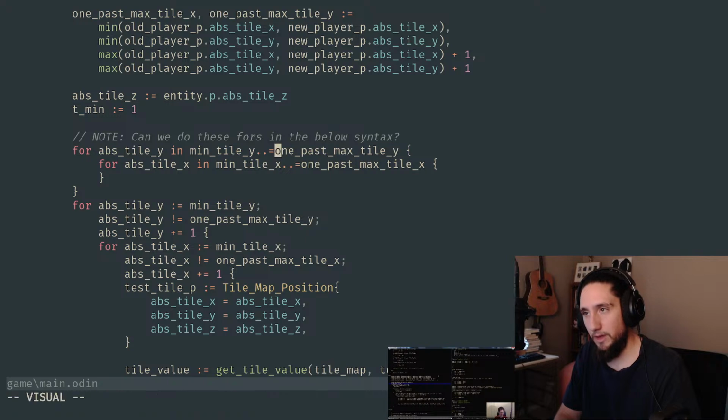Basically the point is that this could wrap all the way around to 1, essentially, over the course of this iteration, because we're adding to the U32 as we walk the distance between the min tile Y and one past max.